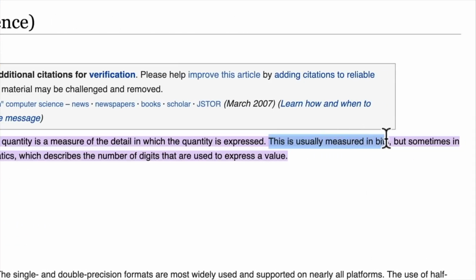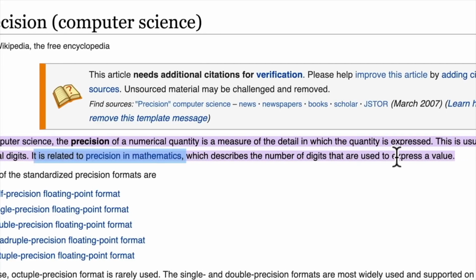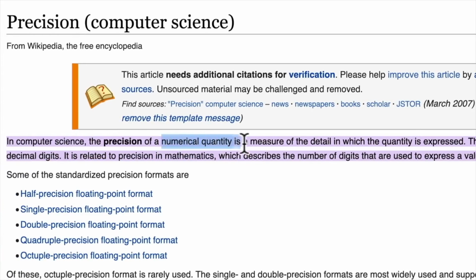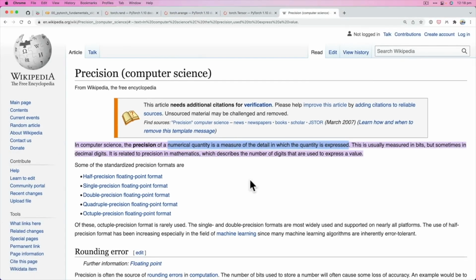This is usually measured in bits, but sometimes in decimal digits. It is related to precision in mathematics, which describes the number of digits that are used to express a value. So, for us, precision is a measure of how much detail the quantity is expressed in.